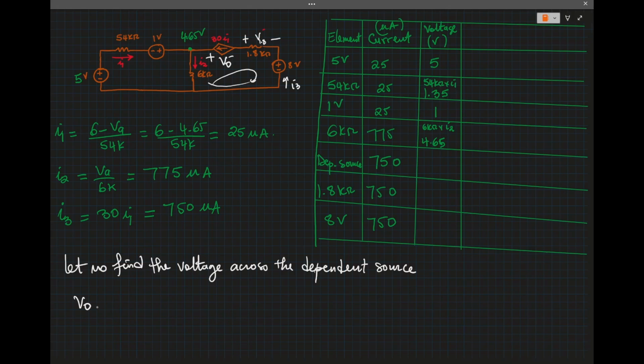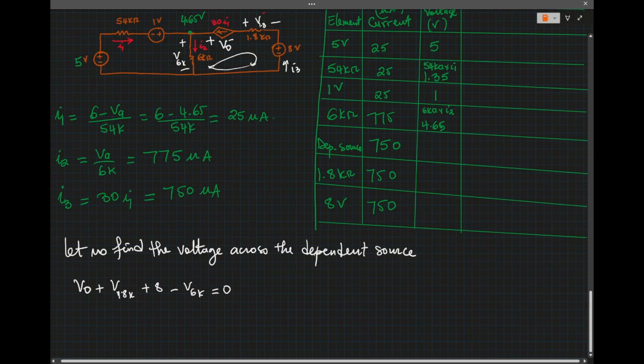So plus V1.8K, then plus 8 volt, and then the voltage across the 6K, I'll call it V6K, so minus V6K, then that will be equal to 0.